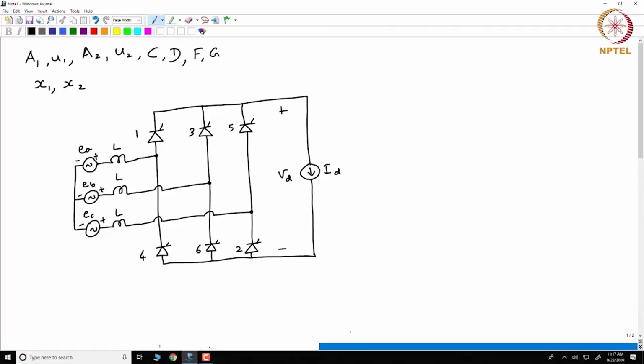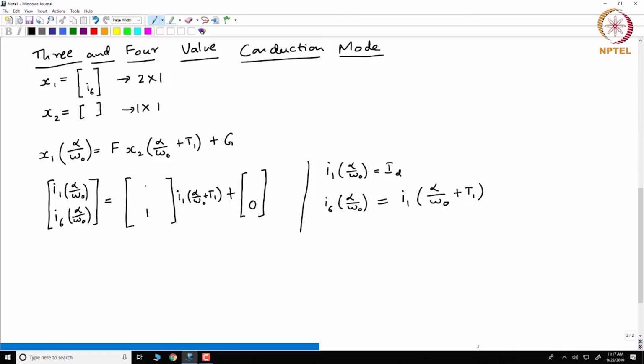First element of F? 0. The second element of F? First element of G? ID. ID is a constant. So this works. So this choice of x1 or x2 works. So that means I can take this x1 as I1, I6 and x2 as I1.